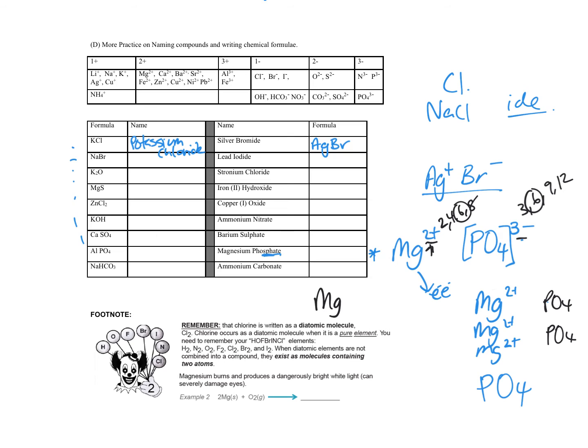Mg with a 3 down below for magnesium. And phosphate, PO4, because I need 2 of those, I'm going to wrap a bracket around the group and double up the group with a 2 there. So the answer for that one is Mg3(PO4)2. Now, if you're unsure of anything, just Google it.